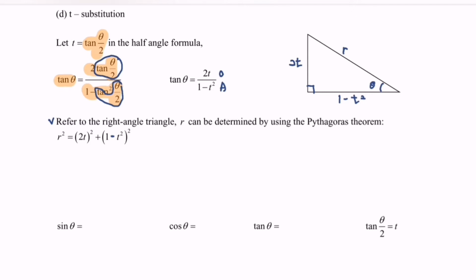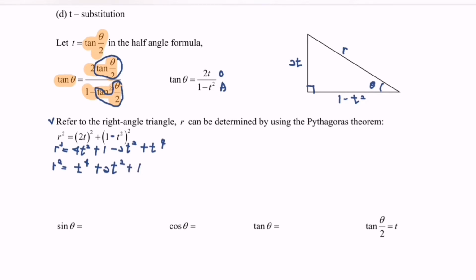Next, I'm going to expand, where we will have r squared equals 4t squared plus 1 minus 2t squared plus t to the power 4. Rearranging, we will have r squared equals t to the power 4 plus 2t squared plus 1.